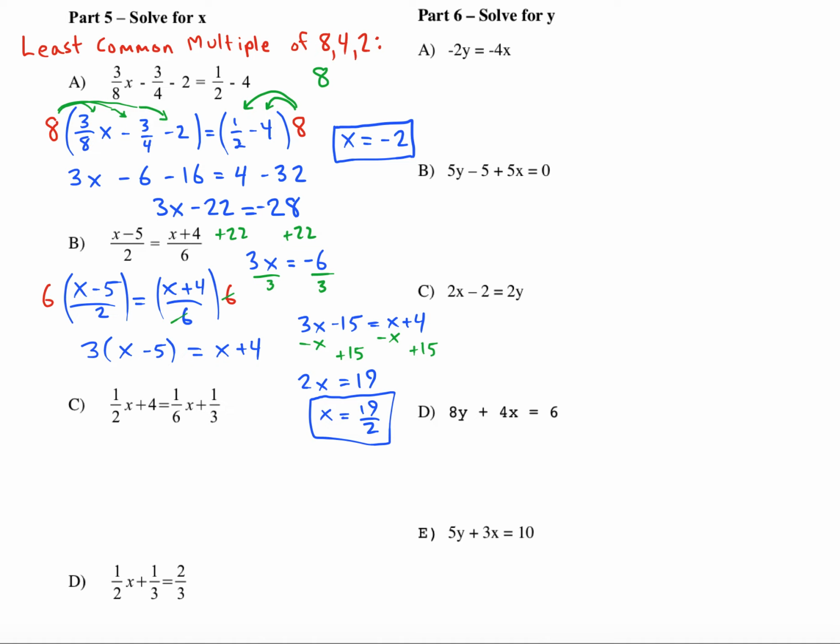Now there is another technique that you should be aware of for solving equations with denominators like this. And it still requires that you find a least common multiple. So what is the least common multiple of the numbers 2, 6, and 3?